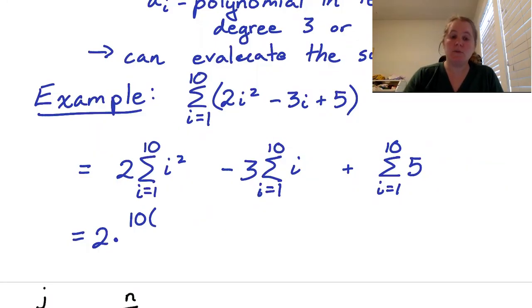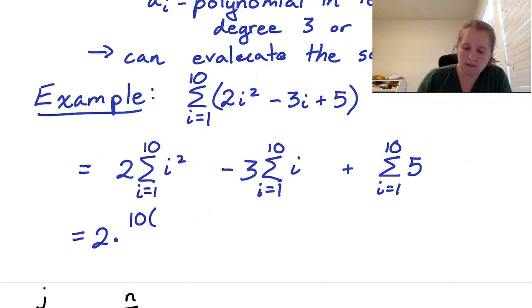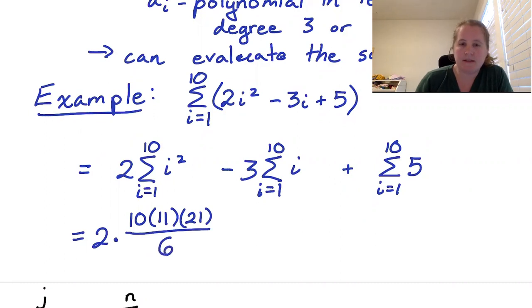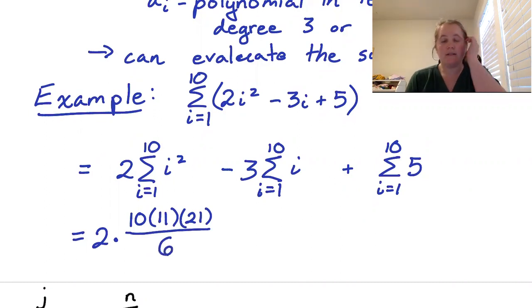So we had the rule for i squared was n times n plus 1 times 2n plus 1 all over 6. So we have 10 times 10 plus 1, or 11. And then 2n plus 1 would be 21. And that all is being divided by 6. So that's our summation of i squared if we're going from 1 to 10.